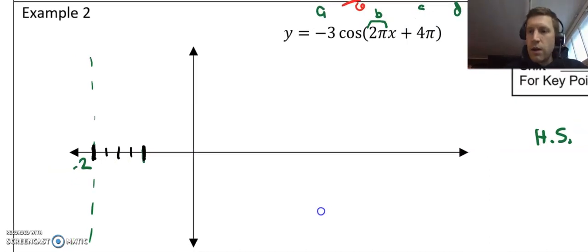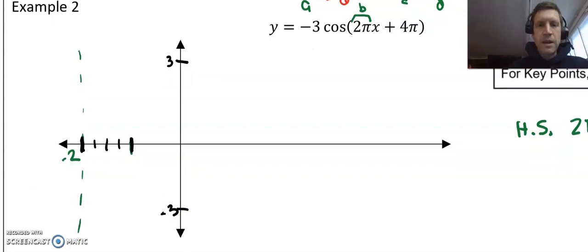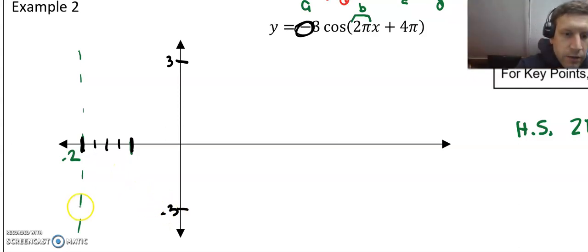So my amplitude was 3. So there's 3 and -3 for my max and min. And let's see, this is a cosine graph, which means I would start at my max. But this is negative, so I'm going to reflect over the x-axis. I'm going to start at the minimum. So I start at -3.